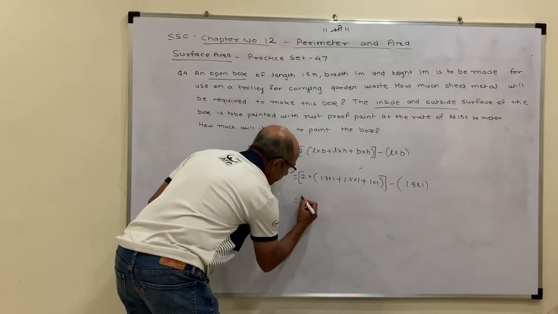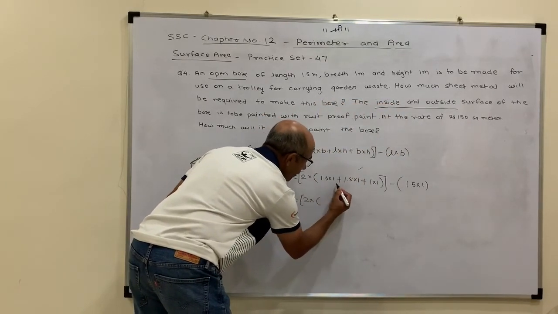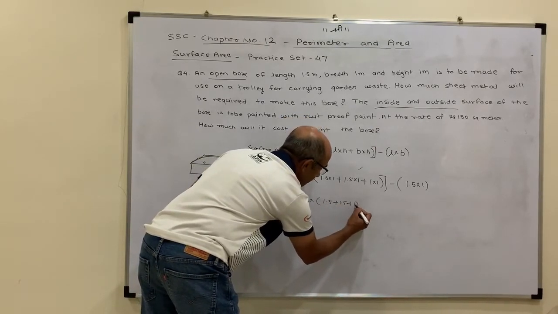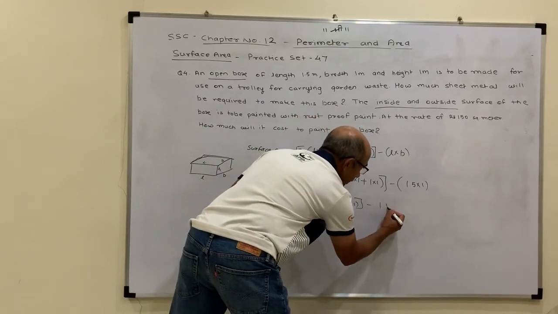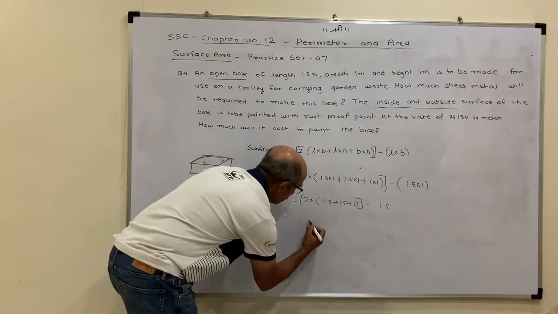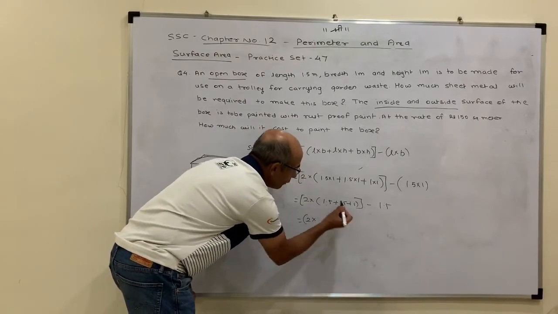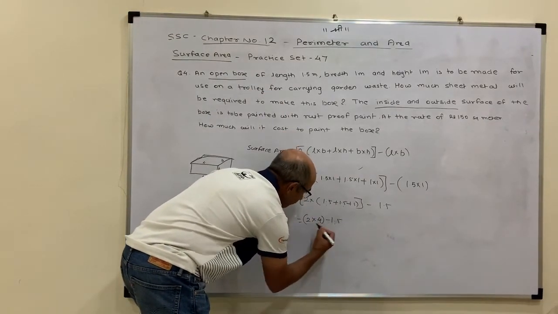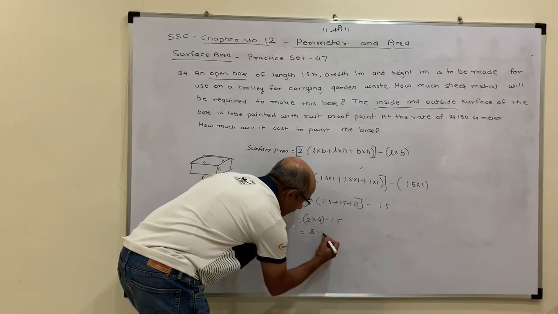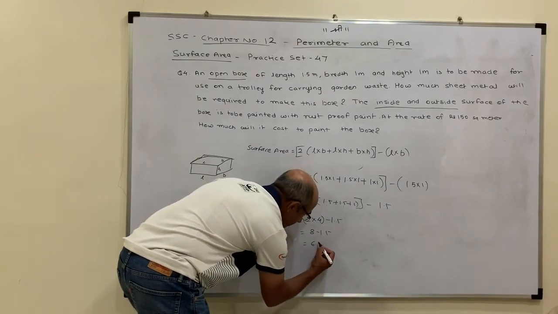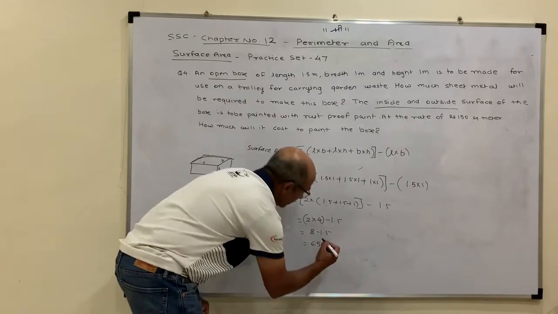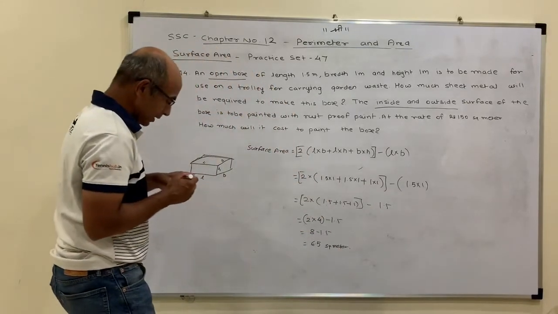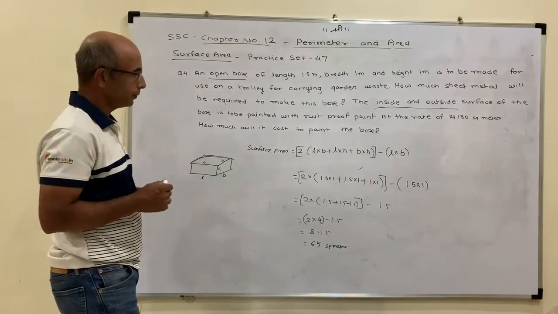So here it comes out to be 2 into 1.5 plus 1.5 plus 1 minus 1.5. Now here 2 into 1.5 plus 1.5, 3 plus 1, 4. 4 minus 1.5. 2 4s are 8 minus 1.5 comes out to be 6.5 square meter. Is the size of the sheet I required.